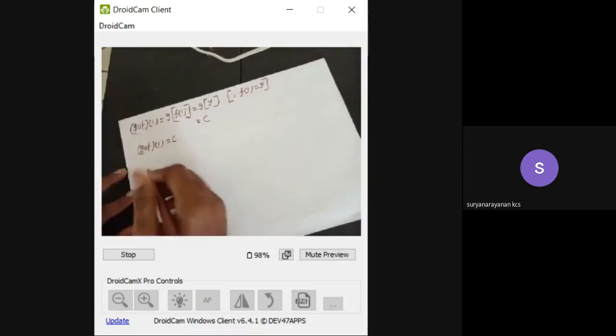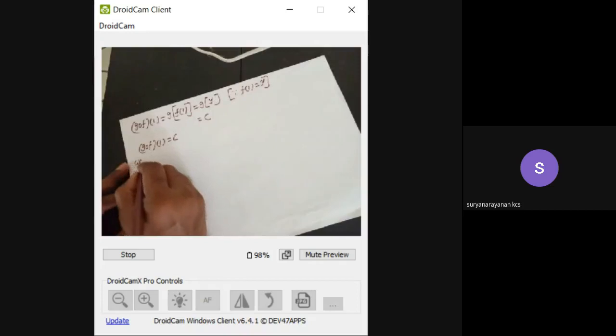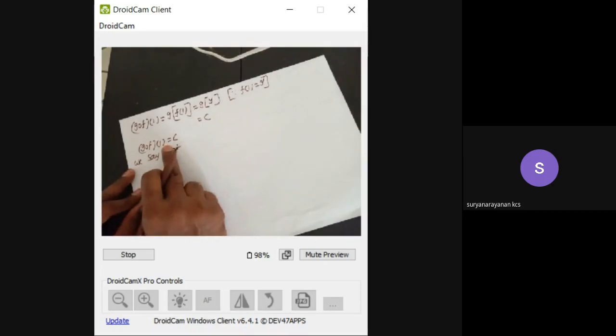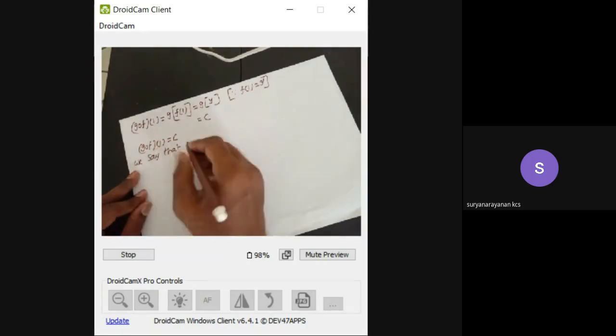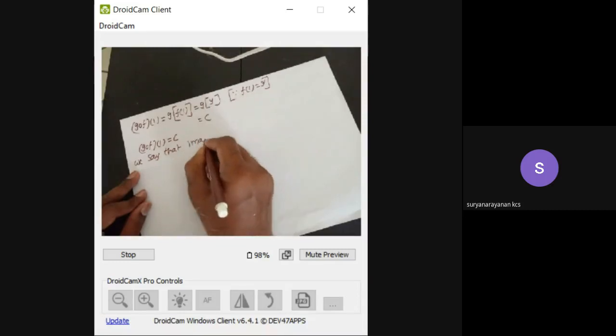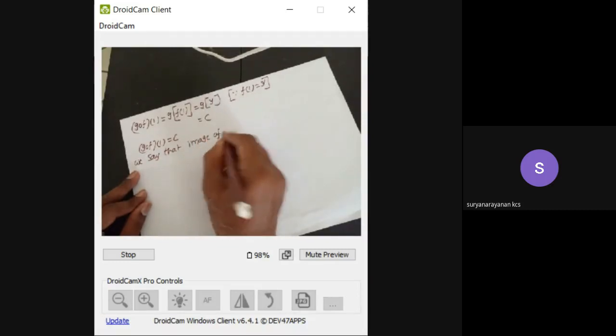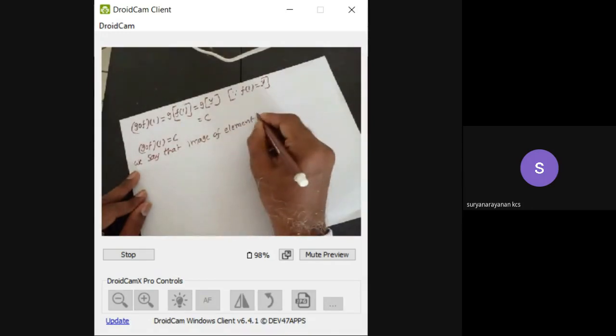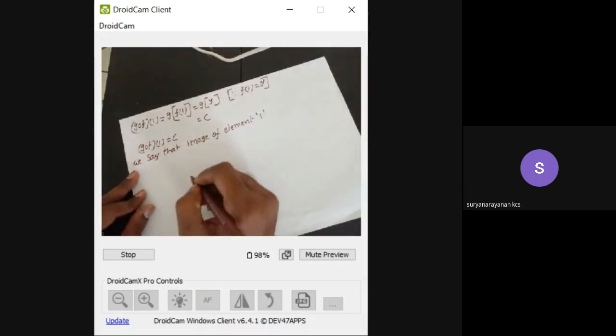So here we say that. How do you read this one with this notation? Image of element 1.